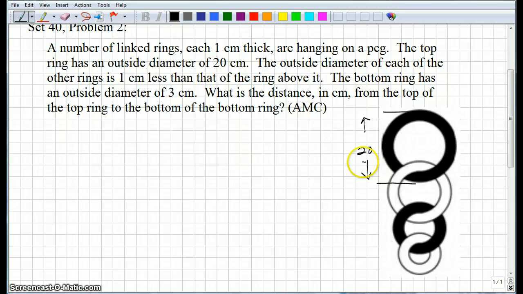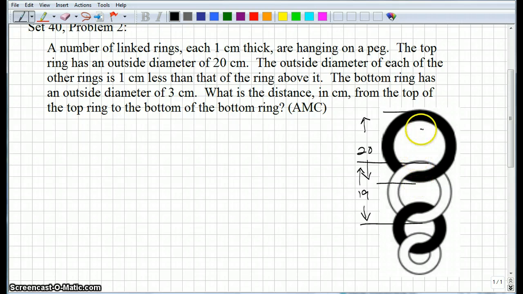And then this outside diameter here is 19. But it overlaps with the other ring, okay? And you can see that this ring is lifted up by 1 centimeter, to its inner diameter, but we know the outer diameter measurement, which is 19.